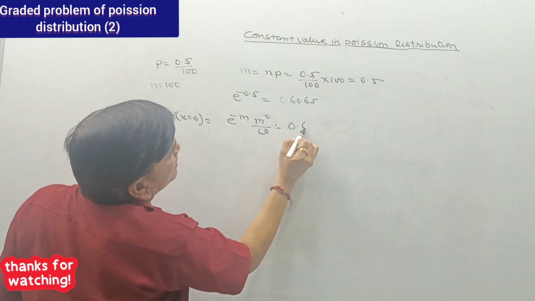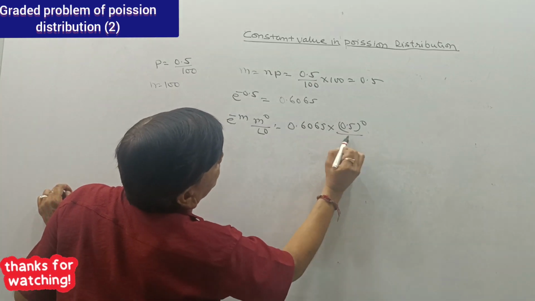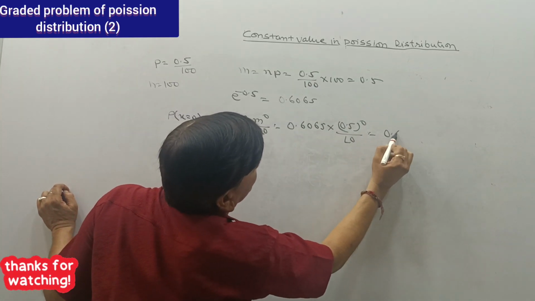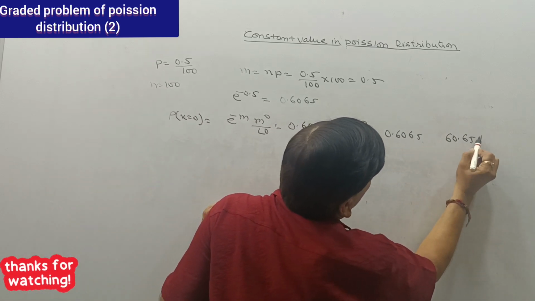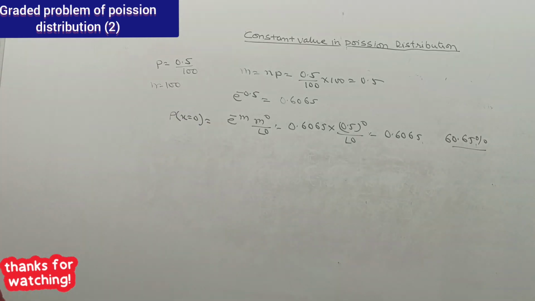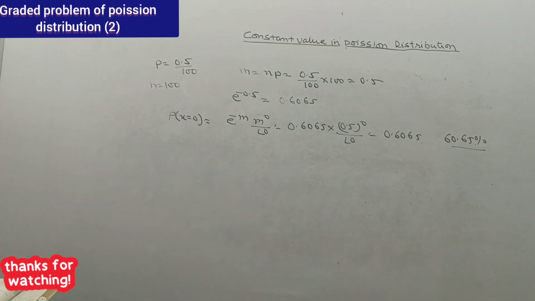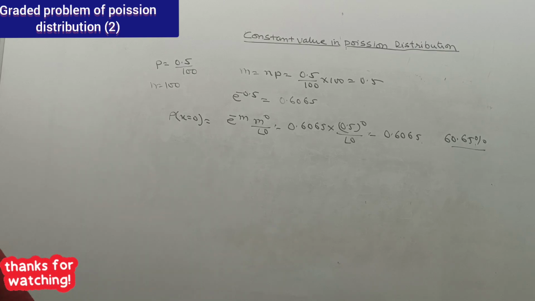So that is 0.6065 multiply 0.5 raised to power 0 upon factorial 0. So that is 0.6065, or we can say 60.65% are zero defective. First one we have calculated, that is 0.6065. Now 2 and more than 2.